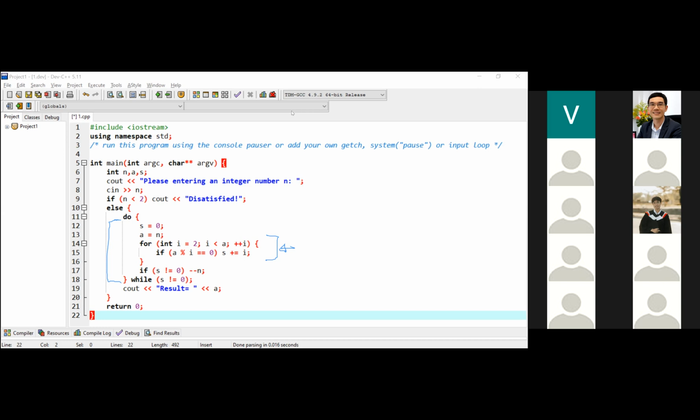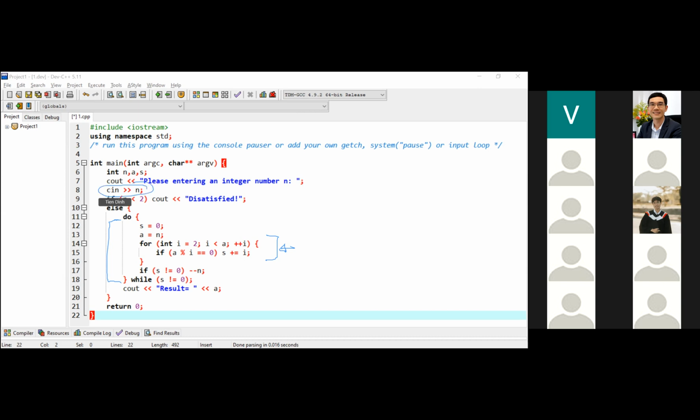Yeah, if you look into the comment from Thiên Phúc, he said this program only considers prime numbers smaller than or equal to n, but not those greater than n. If you look here, n is the input.